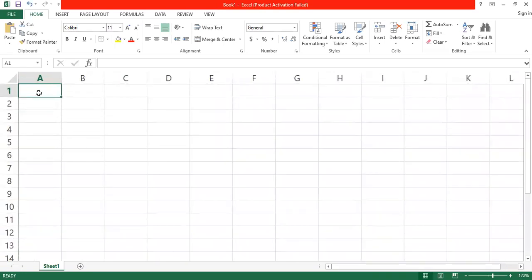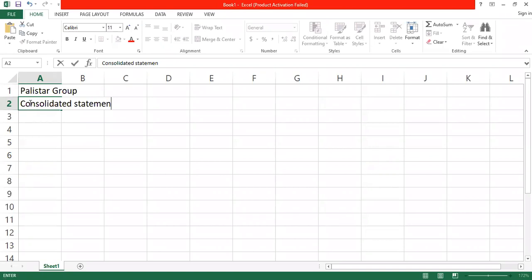So it is Pallister Group. You put Pallister Group at the top there. Then you come to consolidated statement of financial position as at 30th June 2015, right?